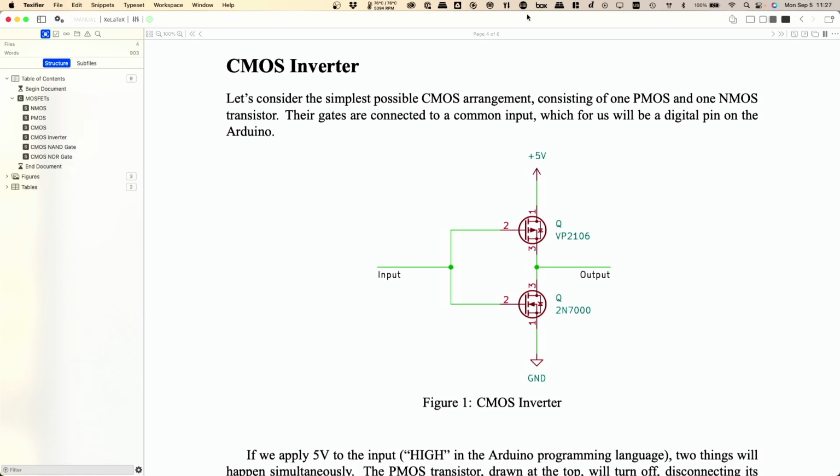Let's double check. The long one comes from the outputs, and then this goes to, oh, sorry, I've got this wrong. The short side should go to ground, which you have. Where's ground? The orange wire? Okay, so the orange one is on the top, the blue part, so this should go from here to there.